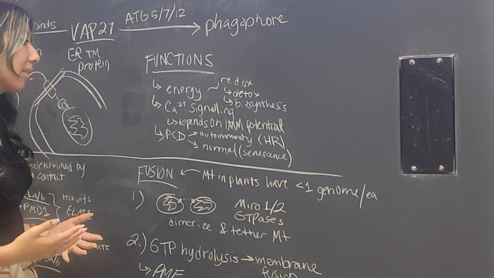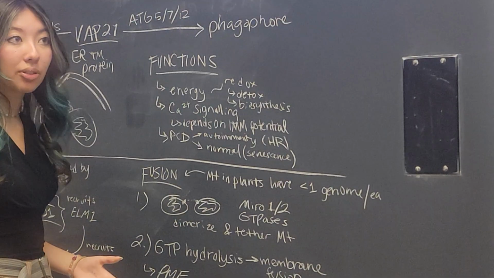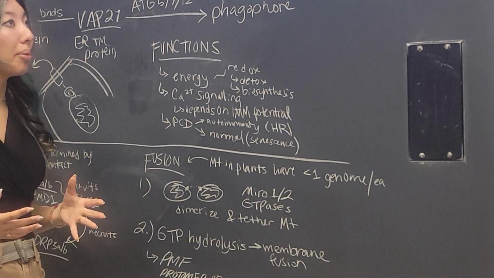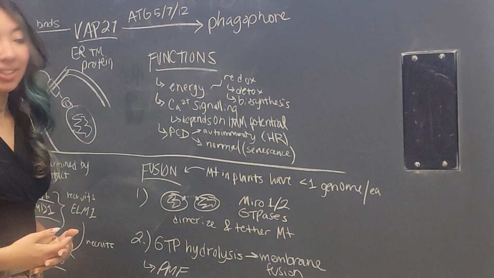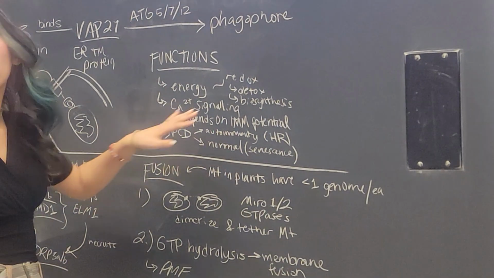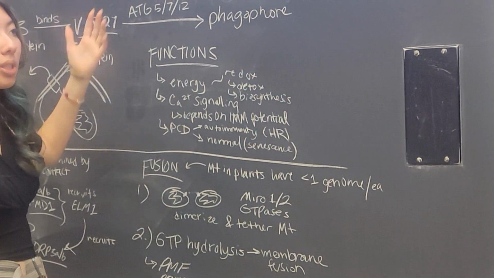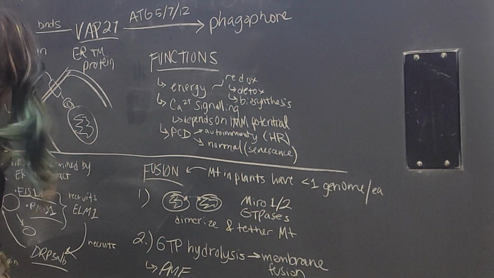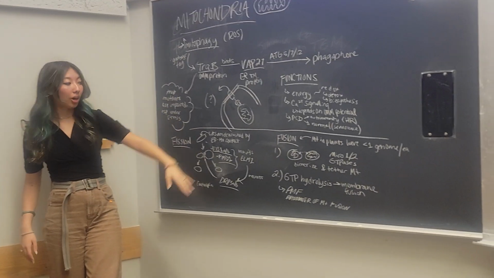We also have calcium signaling, which somehow depends on inner mitochondrial membrane potential. How? Also programmed cell death, which is related to autoimmunity, the hypersensitive response, but also normal cellular activity such as leaf spines.